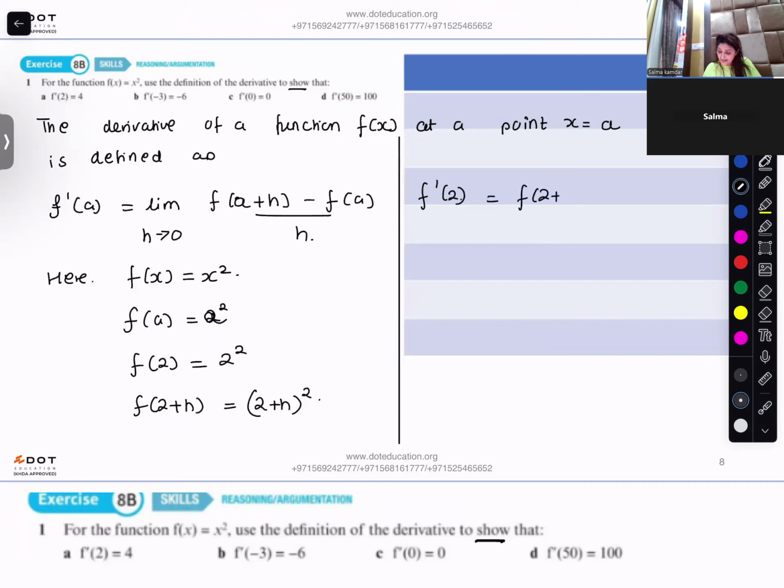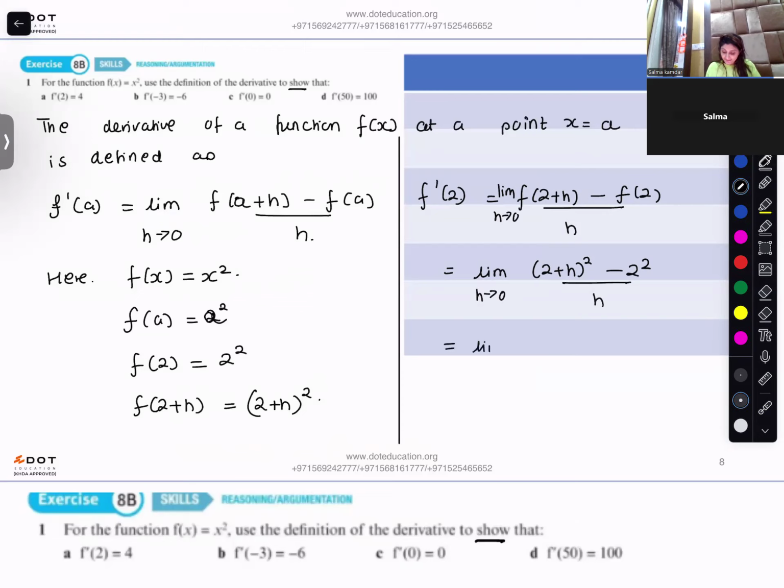f of 2 plus h minus f of 2, the whole divided by h, and limit h tends to 0. So this is equal to limit h tends to 0, f of 2 plus h is nothing but 2 plus h the whole square, and f of 2 is nothing but 2 square, divided by h.